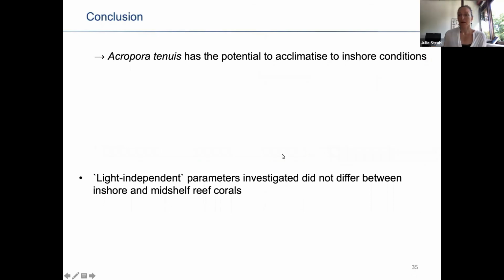And here are already my conclusions. So Acropora tenuis has the potential to acclimatize to inshore conditions, and especially the light independent parameters that we investigated did not differ between all 4 reefs.